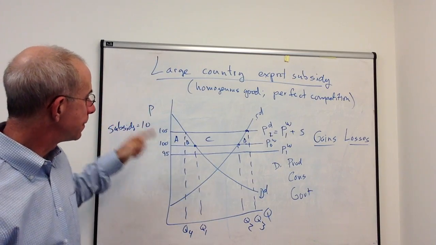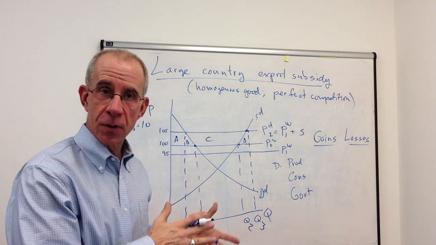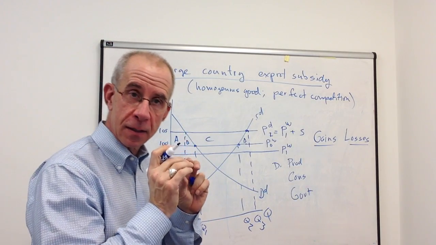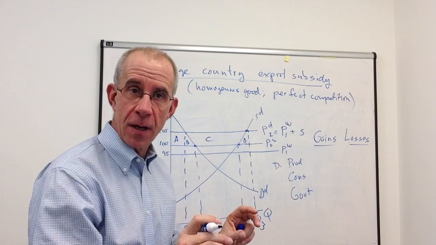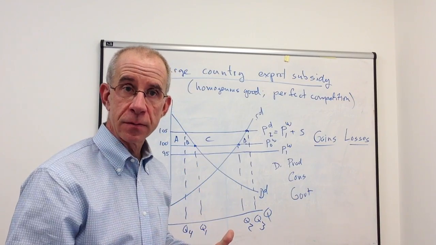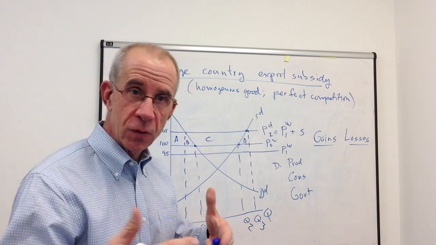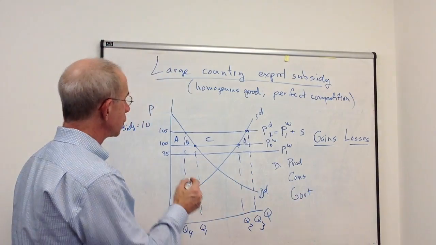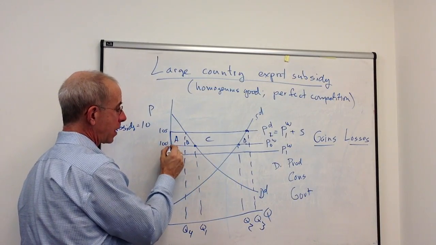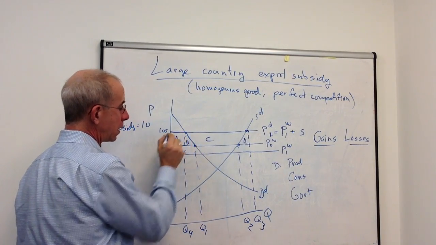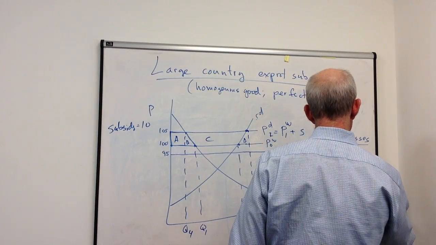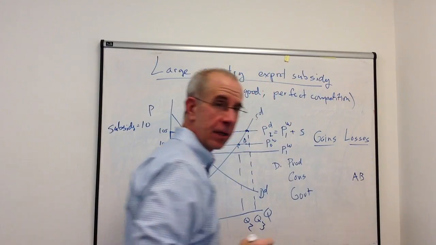If you look at the consumer surplus before the policy and the consumer surplus after the policy's effects have rippled through the economy, you're going to have a loss of AB. That's the difference in the price over to the demand curve. So consumers lose AB.